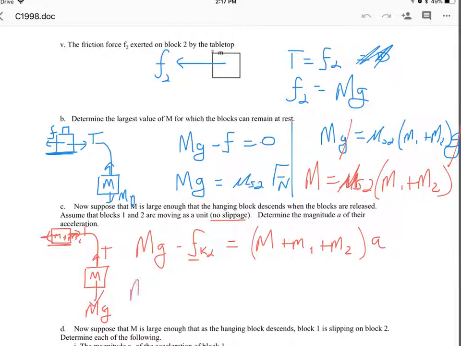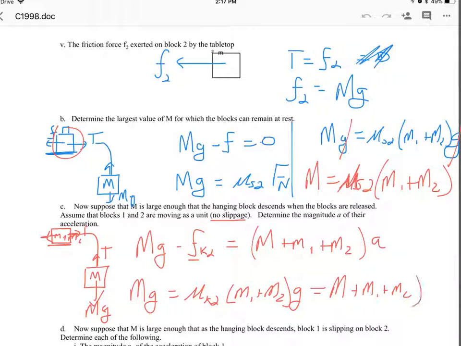So that big mg is equal to, this is going to be mu K2 times the normal force on the 2 blocks stacked, and we've done that a couple times already. That's going to be mass 1 plus mass 2 times g, and then that equals all the masses added together, all times A.